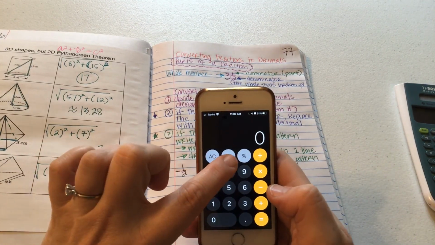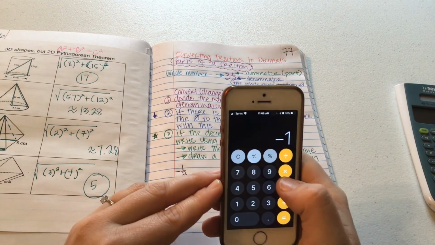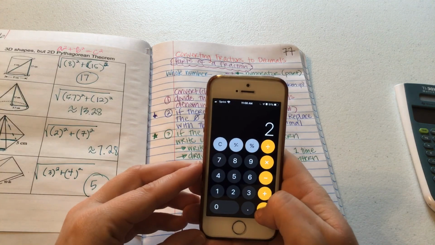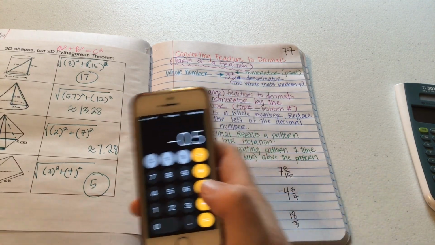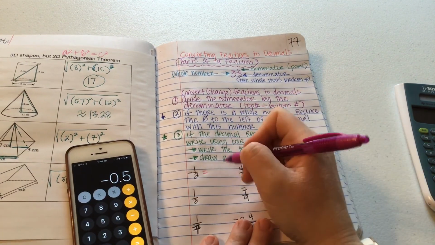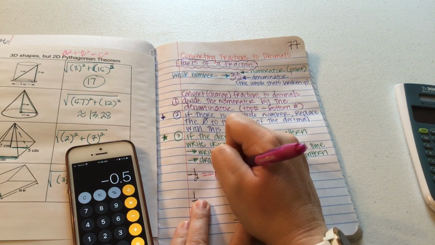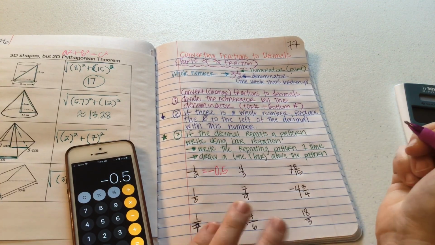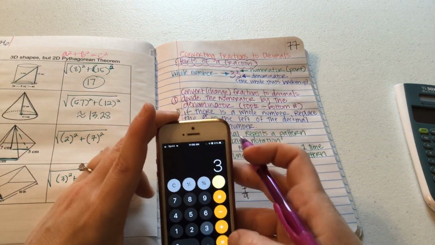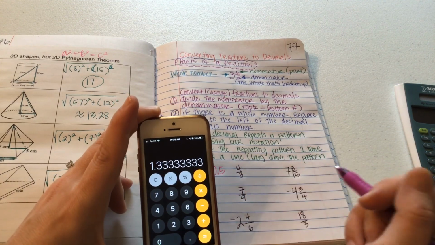So my negative button is right here. I'm going to do 1, and then press the negative sign to make the negative show up. Divided by 2, and there's my decimal value. So the equivalent decimal value is -0.5.